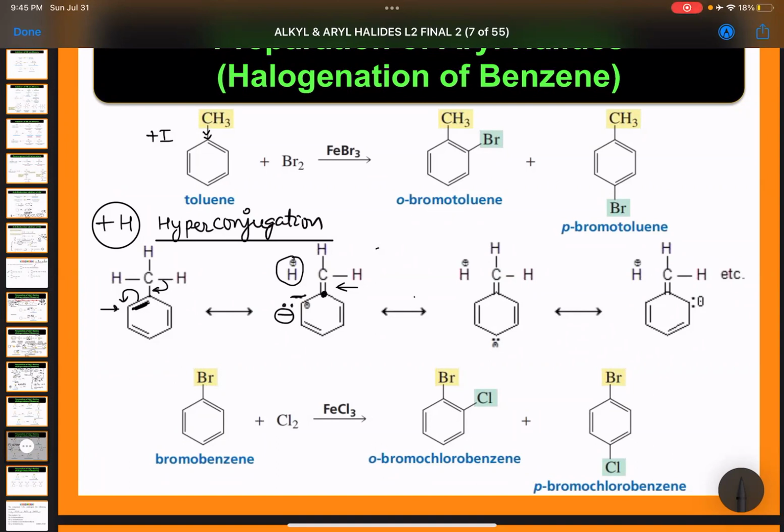Now this negative charge is not going to stay at ortho, it is going to move ahead in the benzene ring, because there are more double bonds in the ring. So this minus will push the double bond which is ahead of it. The minus will appear at the para position, the same electron density.